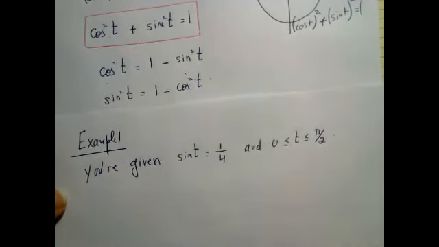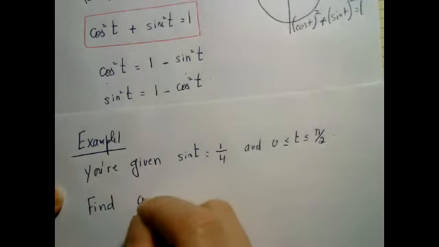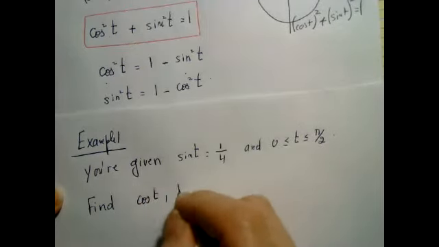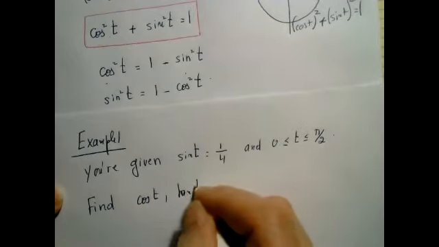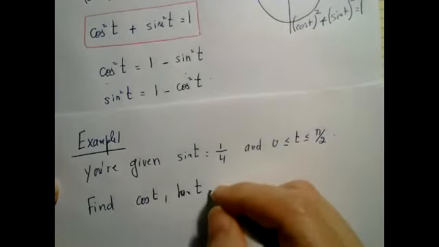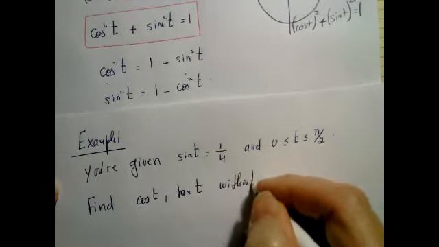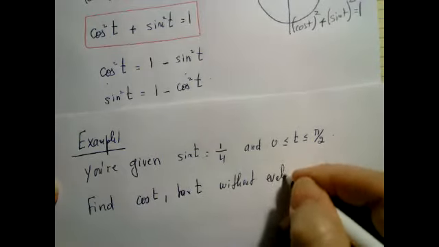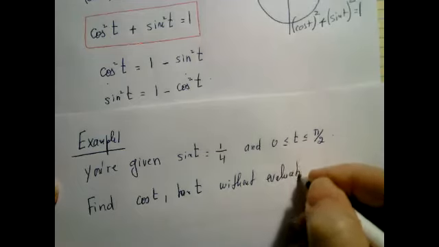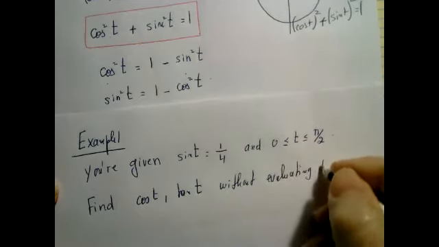The question is, find cosine of t and tangent t, and I want this to be done without evaluating t.